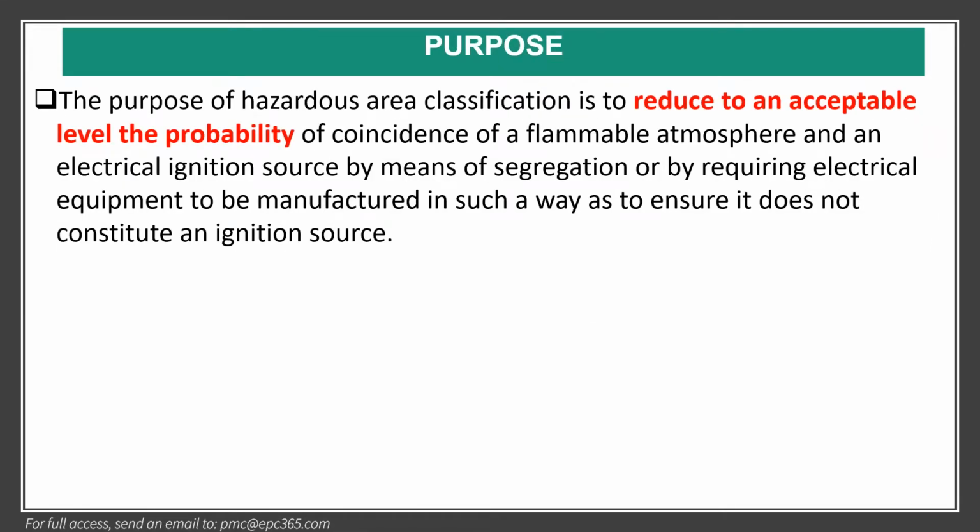The purpose of hazardous area classification is to reduce to an acceptable level the probability of coincidence of flammable atmosphere and an electrical ignition source by means of segregation or by requiring electrical equipment to be manufactured in such a way to ensure it does not constitute an ignition source.